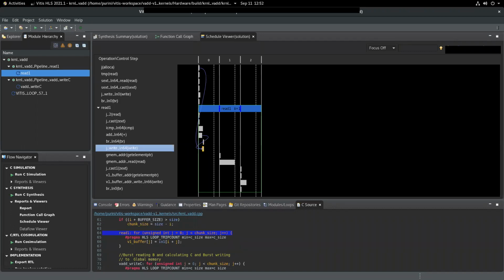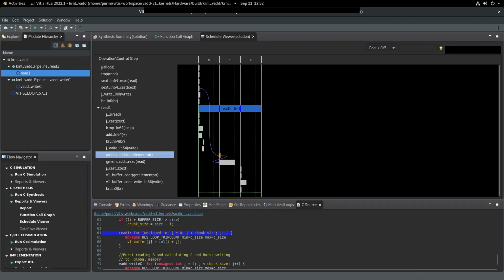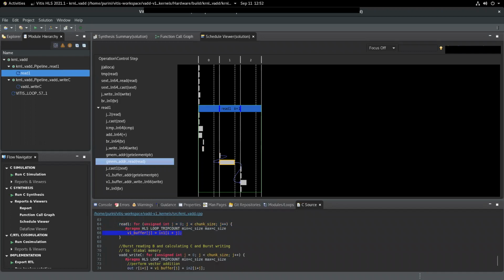Yeah, so this is a write to J. Then there is gmem_address, which gets the address of the global in1 I plus j, and from there the data is read. Reading of data is happening in clock cycle 1. In clock cycle 1 we are reading the data, and then in clock cycle 2 we are actually doing the write operation.